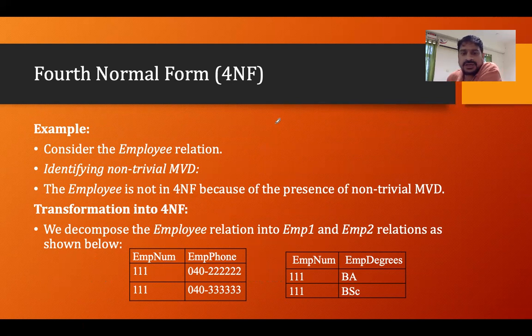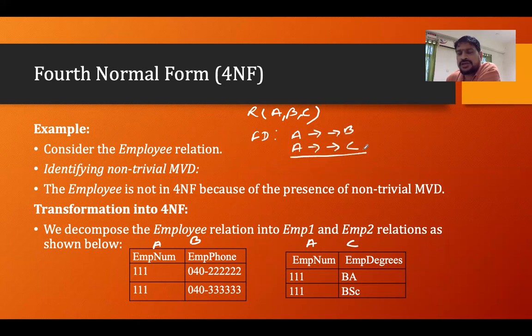So here we have a relation, and assume that this is A, this is B, and this is C. So we have in this relation A, B, and C. In this relation, we have the dependencies A multi-value determines B, and A multi-value determines C. Because both are multi-value dependencies, it is violating fourth NF.